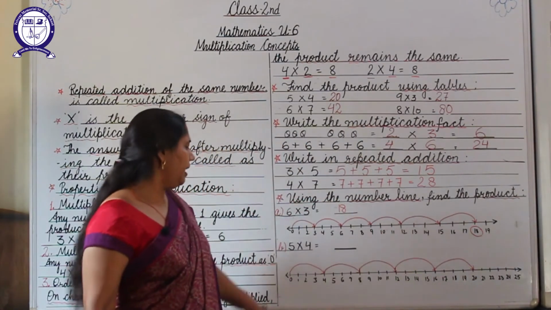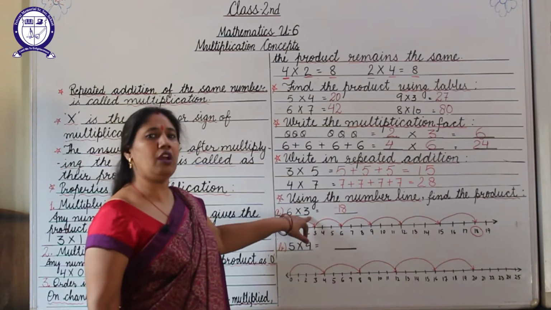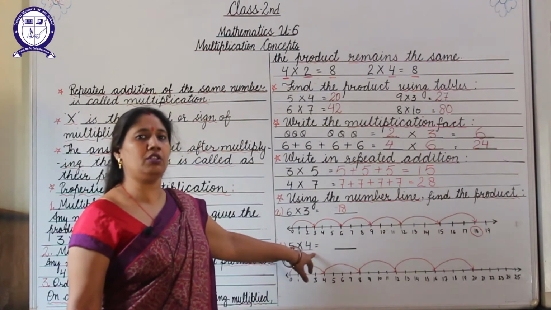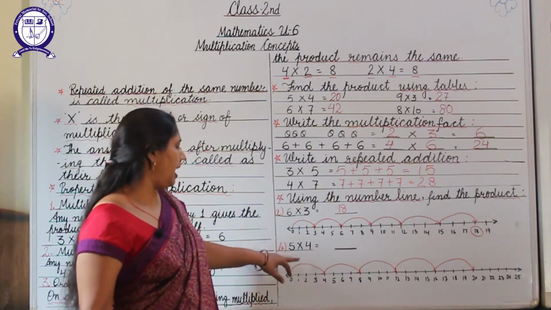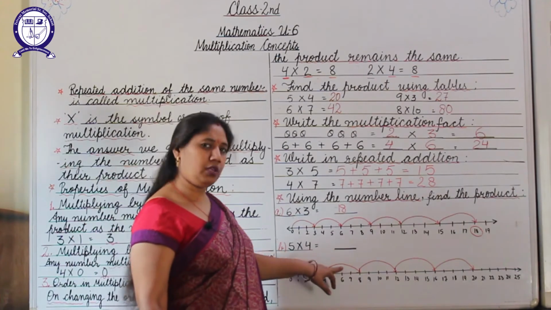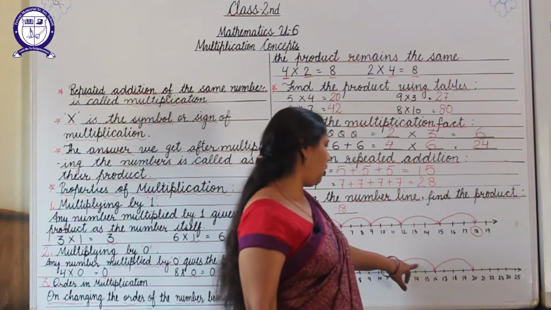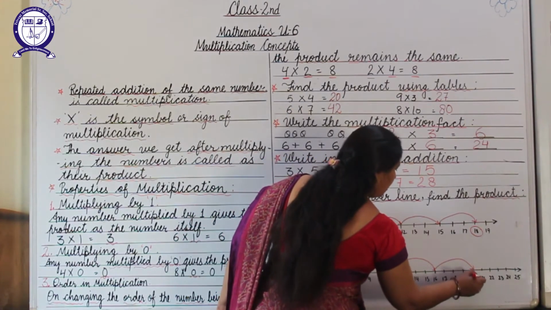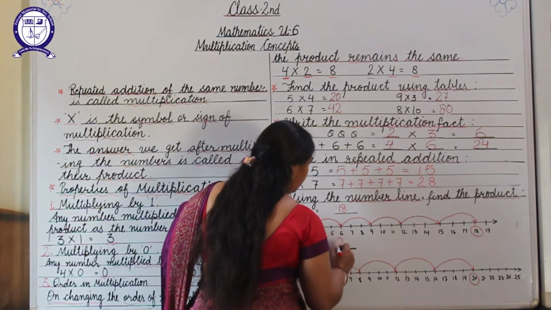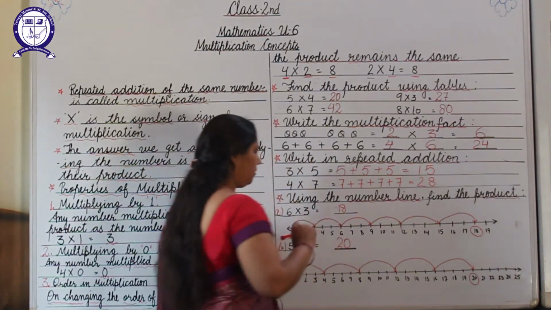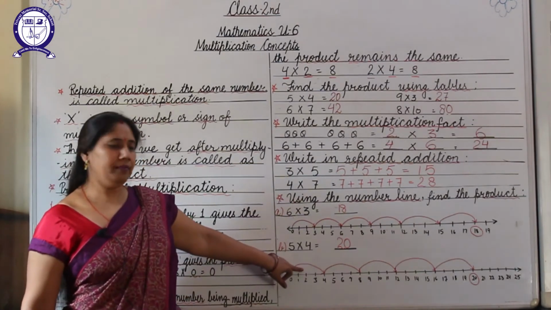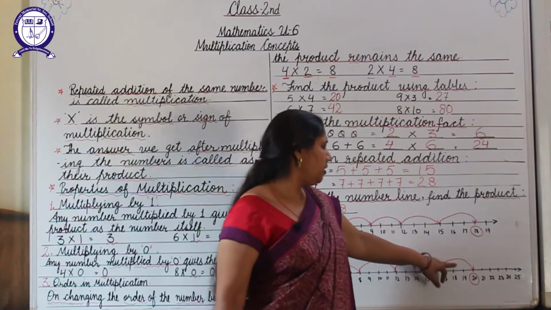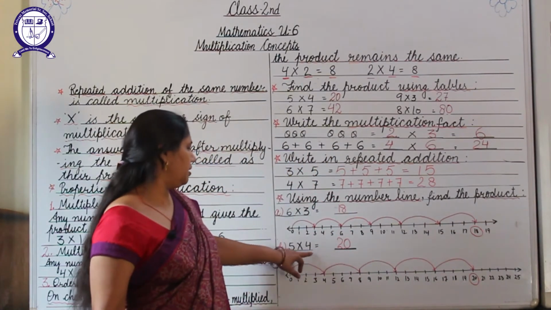Okay, counting by 4s. In the previous question you counted by 3s, and in this question you have to count by 4s. And how many times? 5 times. 1 time, 2 times, 3 times, 4 times, 5 times. So the answer is 20. 5 times 4.